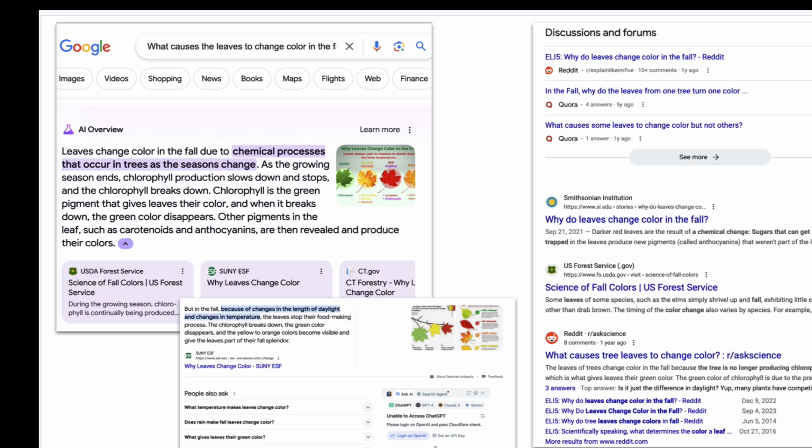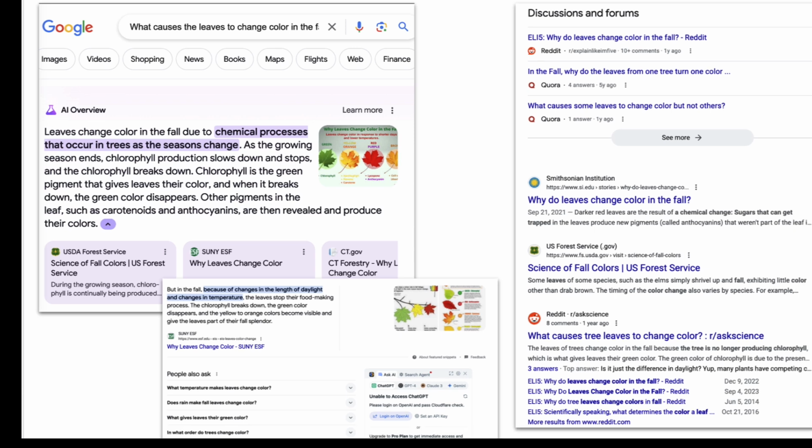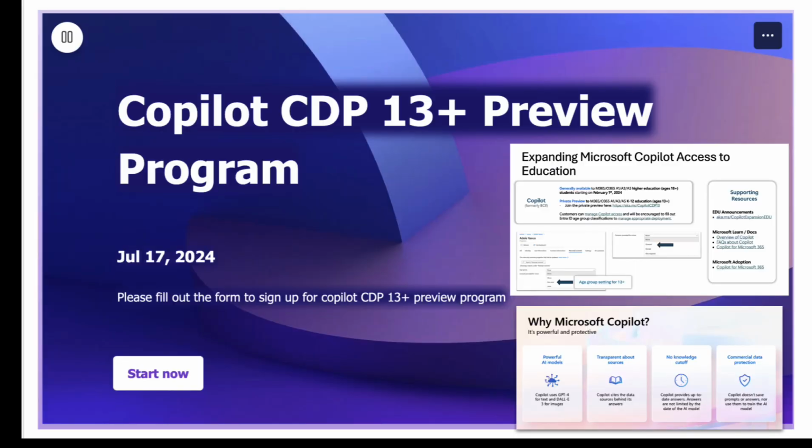And then we also get other people ask and some other tips, including something that looks like AI's knowledge graph. We're seeing this come into the Microsoft platform in Copilot with a 13 plus preview program, which by the time you listen to this is likely to be common.